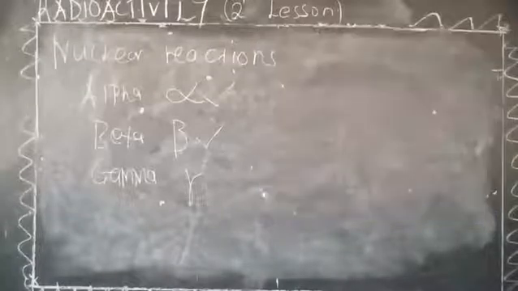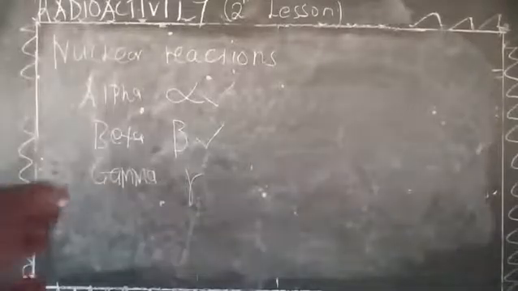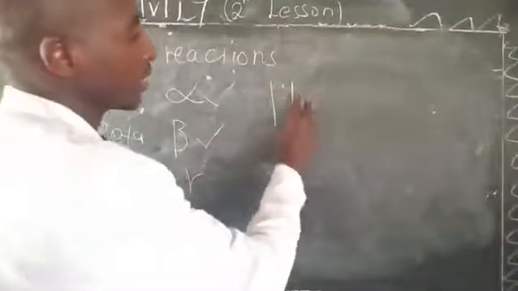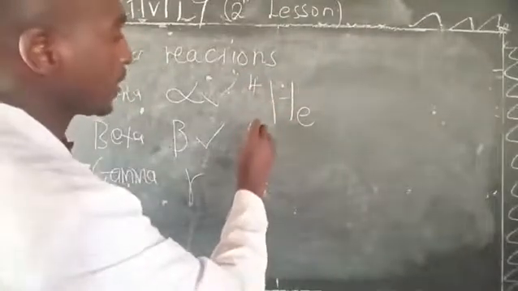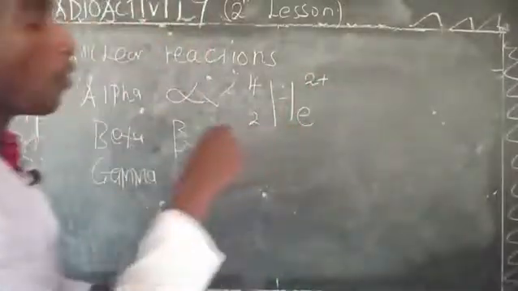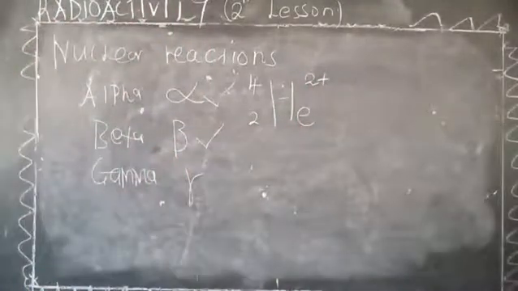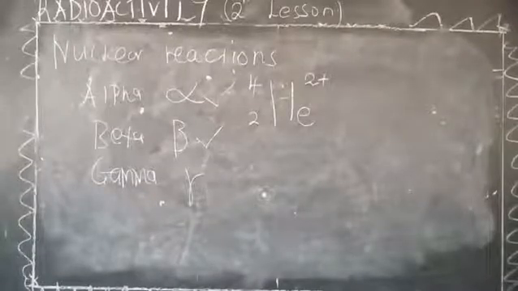And remember, we said that the alpha particles are basically the helium ions, the helium with a mass number of 4 and the atomic number of 2 and an electric charge of 2 positive. So we can say that when an alpha particle is emitted, the mass number of the original nuclide declines by 4.